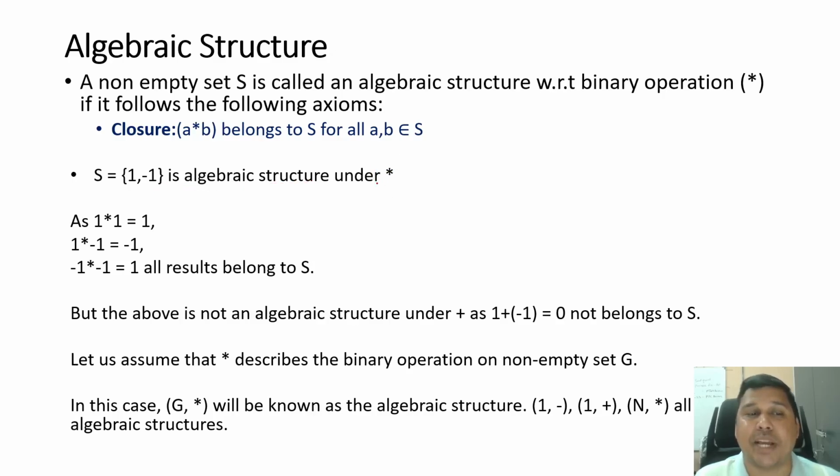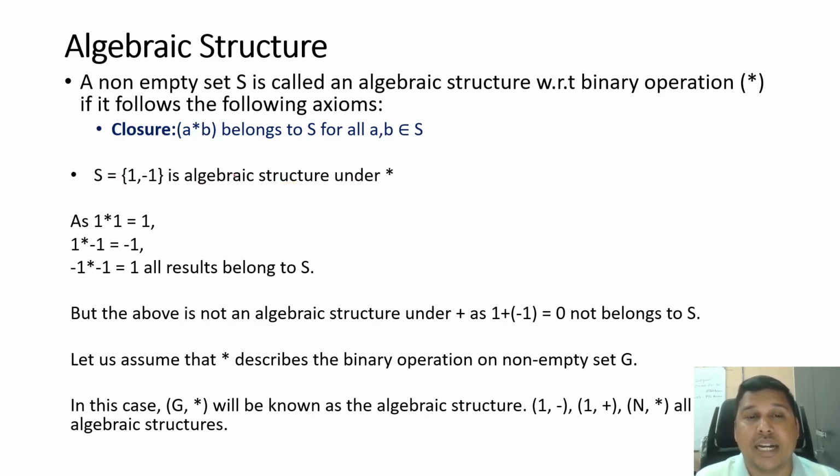Why? You take A and B and apply multiplication: 1 into 1 is 1, 1 into -1 is -1, -1 into -1 is 1. The results 1 and -1 are all in the same set S. Therefore, S is an algebraic structure over the operation star.